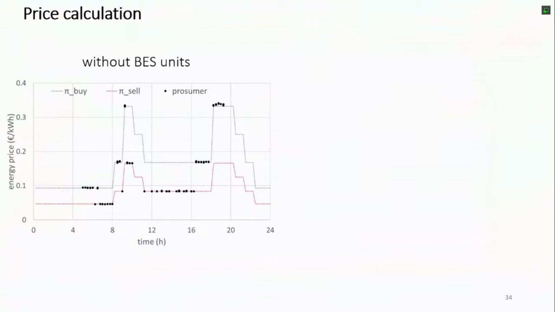It is aligned to the red curve, so to the price that is recognized when you inject power to the grid in that period. So globally, the price of the internal transaction tends to align to the P buy when the community buys power from the grid. And the idea is that in those periods, the internal production is lower than the internal consumption.